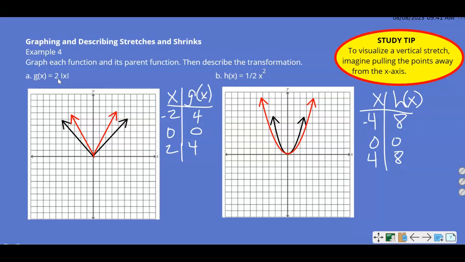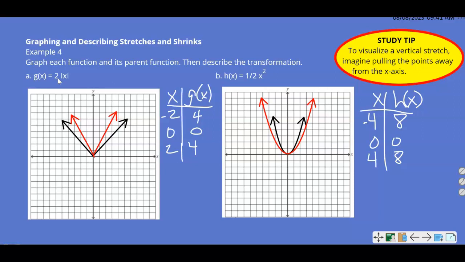B part, h of x equals 1/2 x squared. We can say that h of x is a vertical shrink of the graph of the parent function because of the 1/2. So it's a shrink by a factor of 1/2. Again, the domain and range would be the same, and it's the same shape as the parent function.